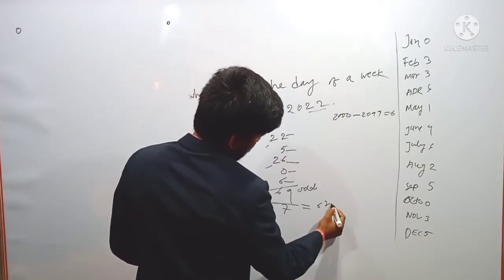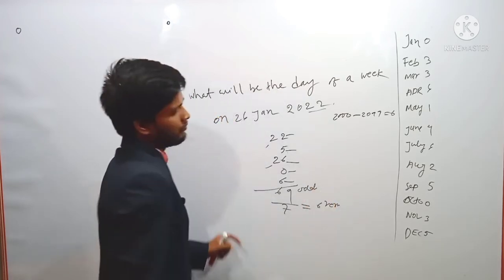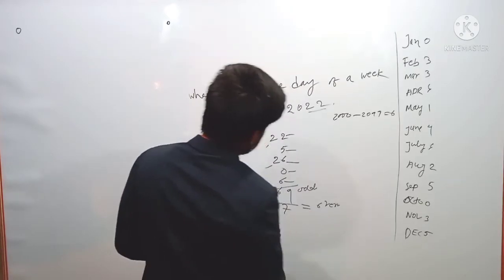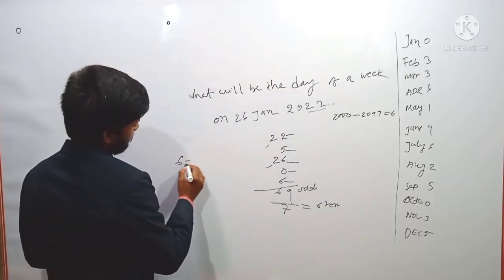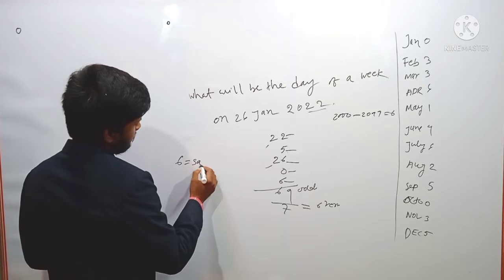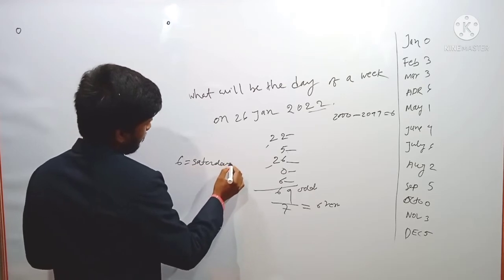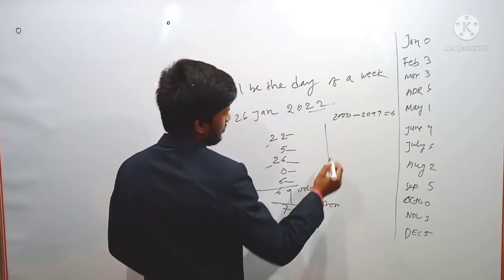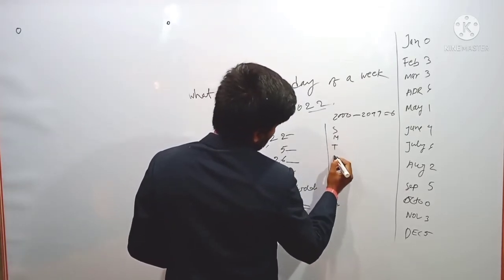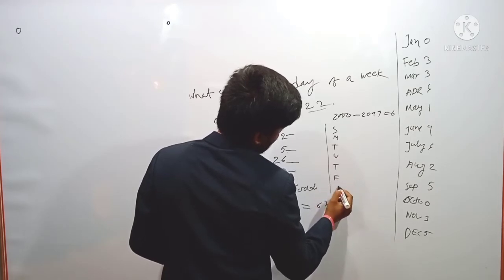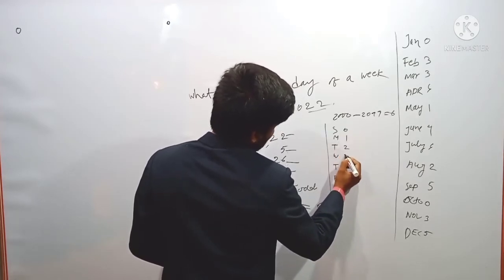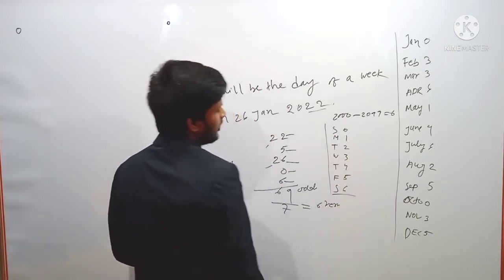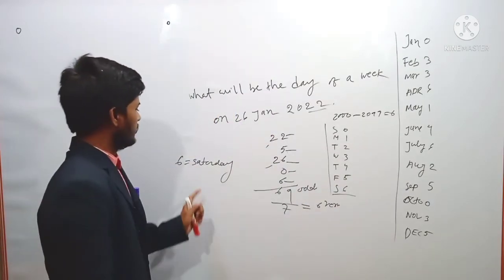Then the remainder is 6. If the remainder is 6, then it is a Saturday. The answer will be Saturday. Okay, because we remember the code is Sunday, Monday, Tuesday, Wednesday, Thursday, Friday, Saturday, 0, 1, 2, 3, 4, 5 and 6. If it is 6, then it will be Saturday.